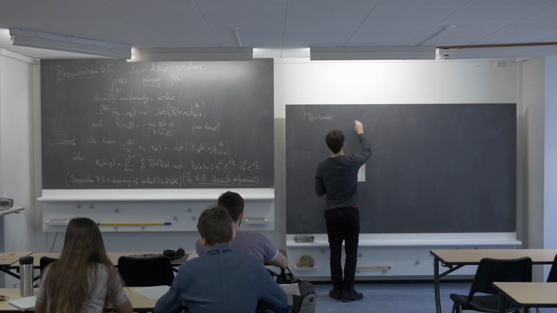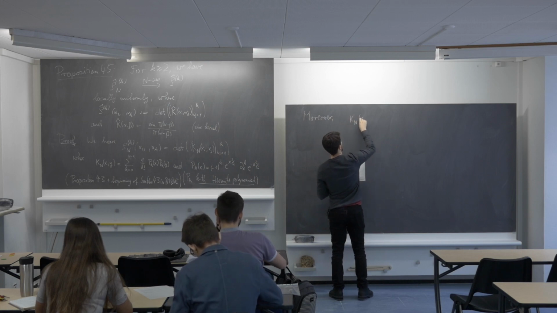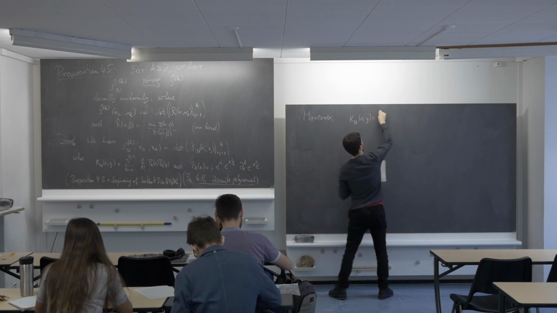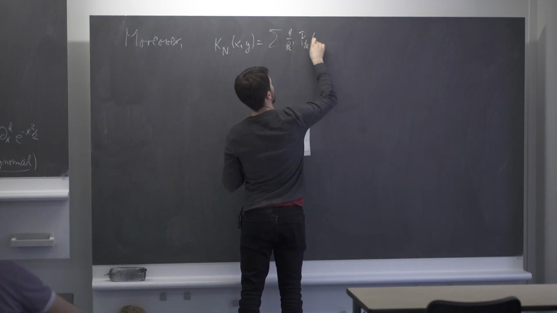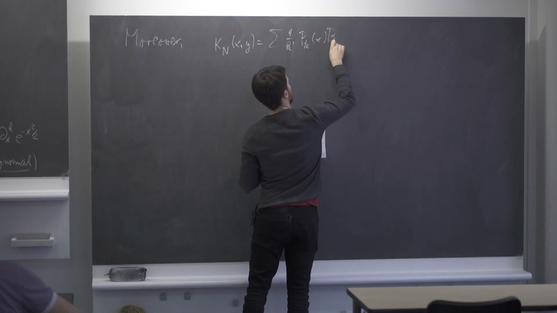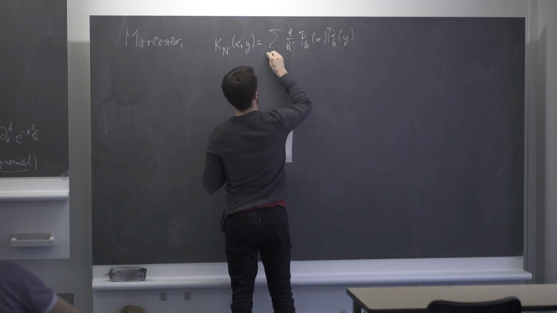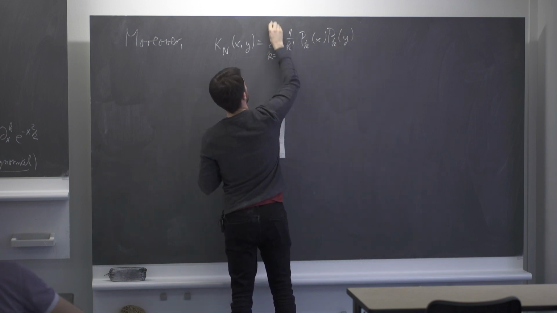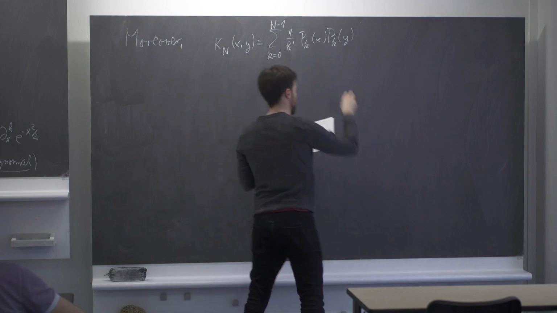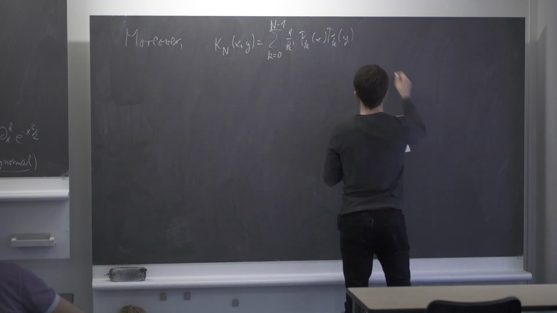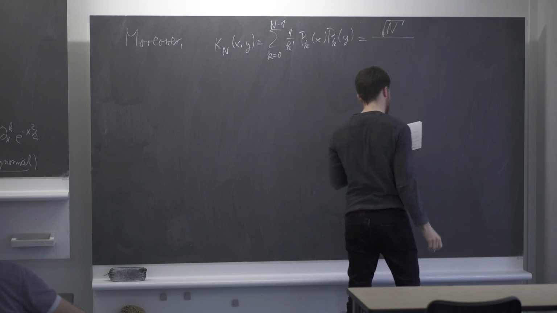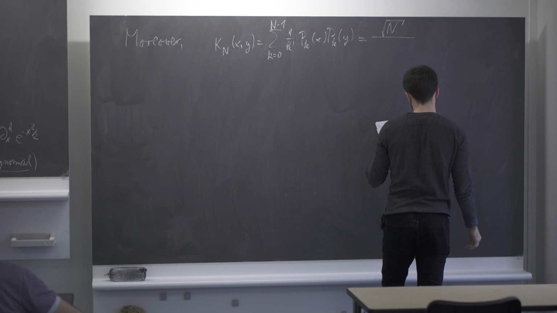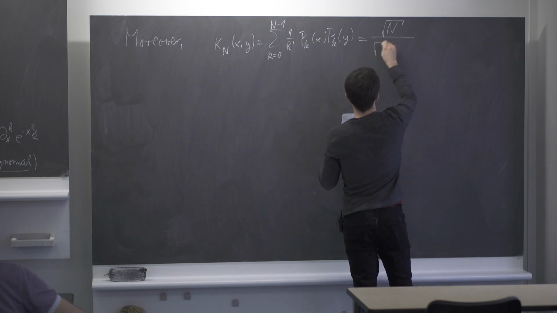So that means that the K_n, which has the sum of p_k(x)p_k(y), you can sum this up and write it as the following product of P_n and P_{n-1}.